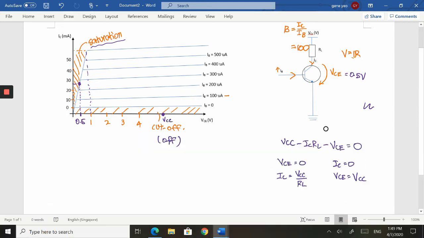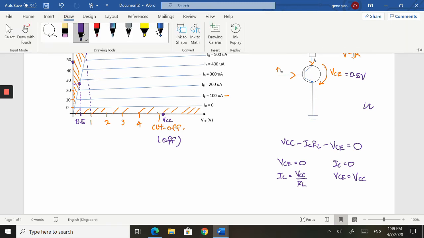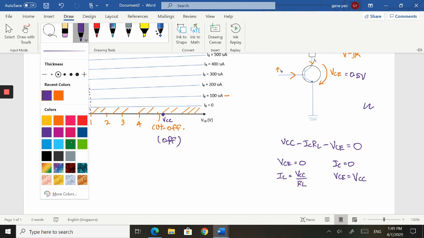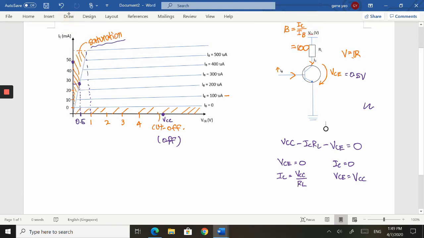And when VCE is 0, depending on the load resistance, I can have another point somewhere maybe here. So if I plot a line between my 2 points, this is called your DC load line, based on this point and this point.